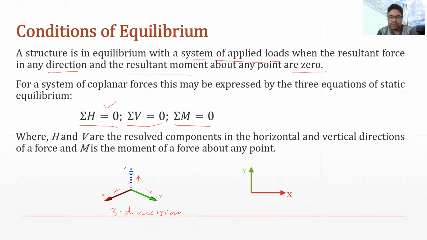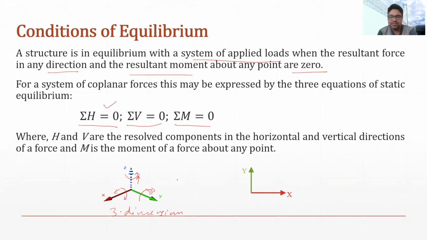Similarly, because of the moment, rotation can occur about the z-axis, the x-axis or the y-axis. So you can see there are six movements that can occur.